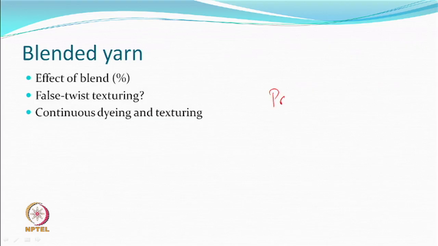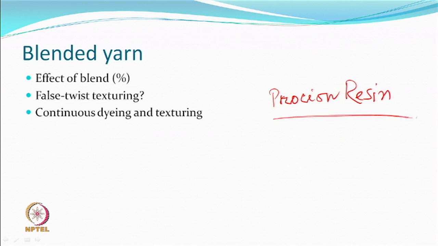If possible, you can think of texturing and dyeing together, because there is a process called the Procion resin process, where in acidic medium the reactive dyes can react through the resin and dye also. So, one can think of going for a high temperature curing with a mixture of dye and resin, and theoretically you can do continuous dyeing and texturing.